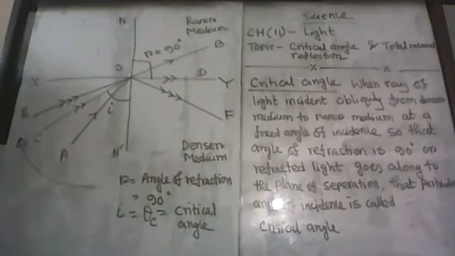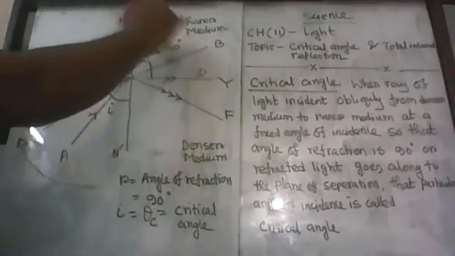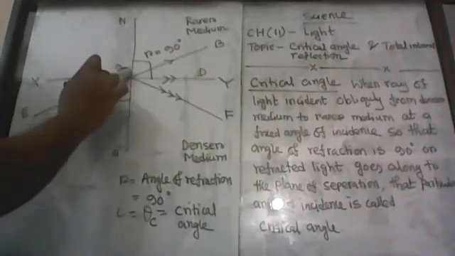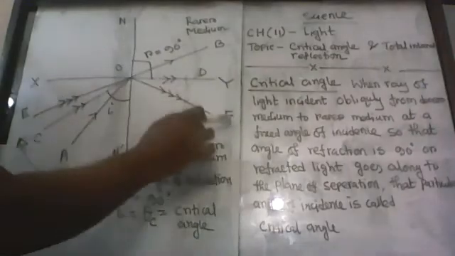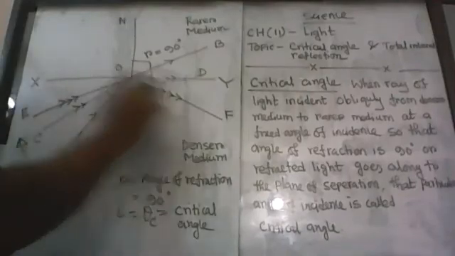So when the angle of incidence is more than the critical angle, after that no ray of light goes to the second medium, but the total ray of light is returned back to the first medium along the OF path.